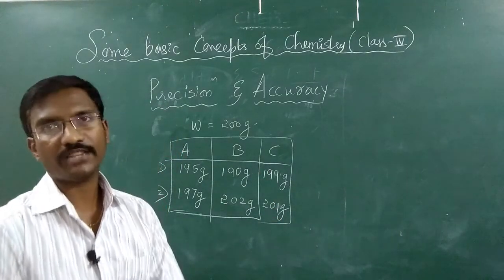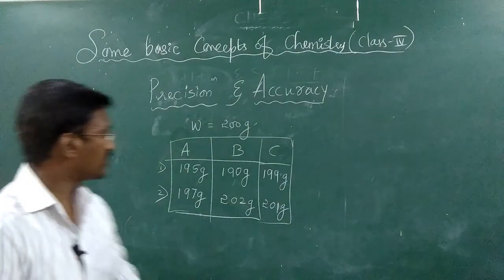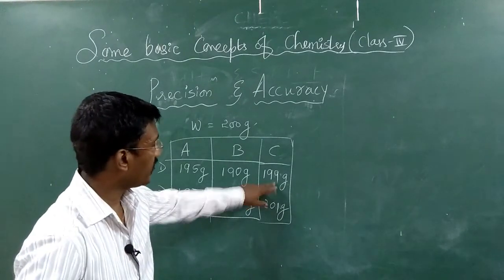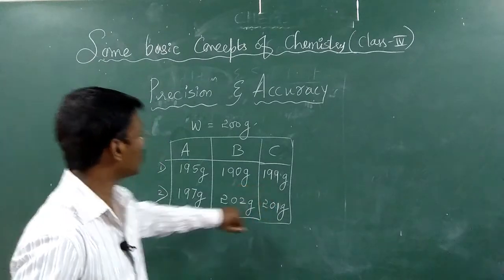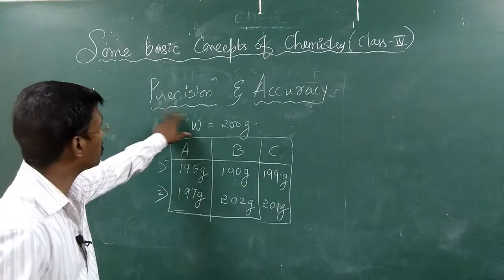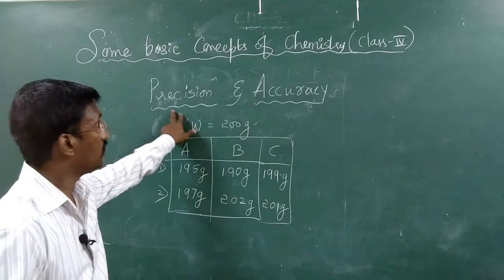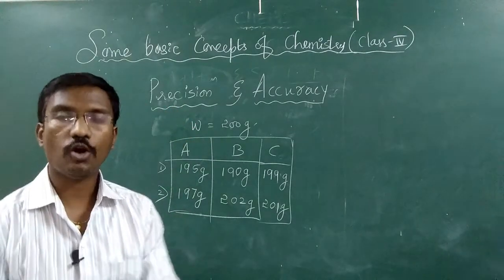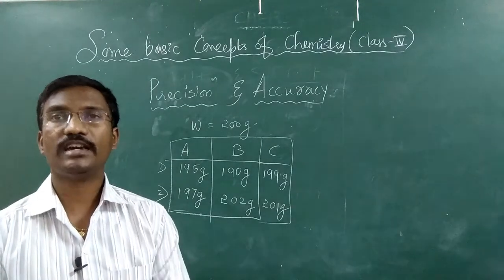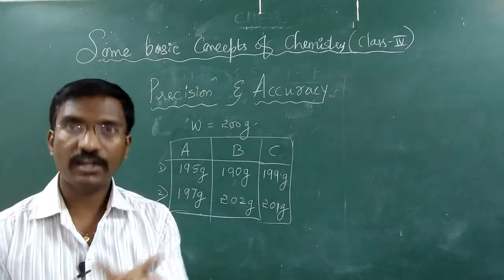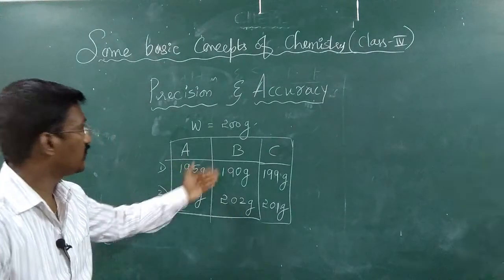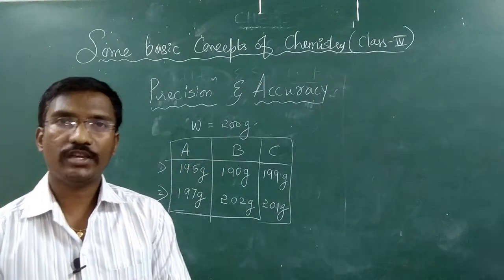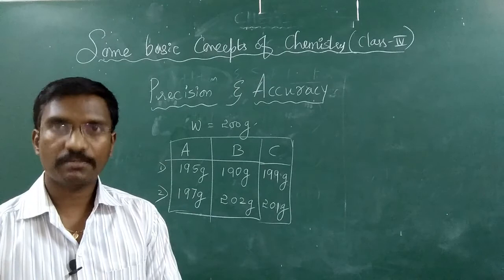They only have a difference of 2 units. Therefore these values are precise. So precision refers to the closeness of the measured values. If they are measuring the same thing, the numbers should be closer to each other. Such numbers are called precision.